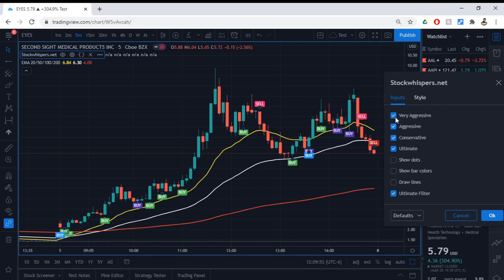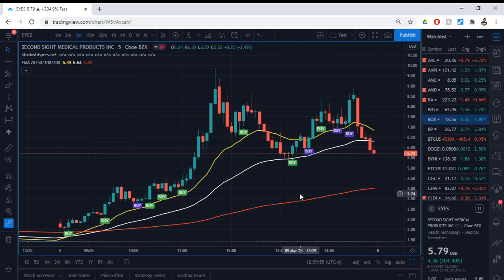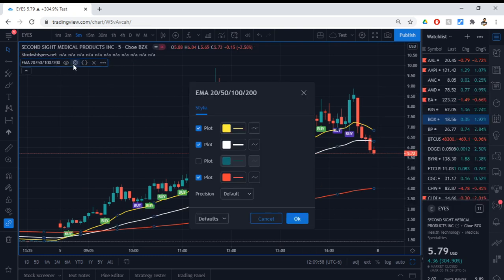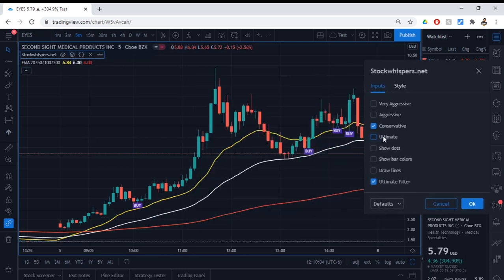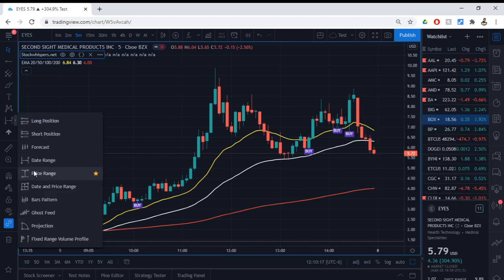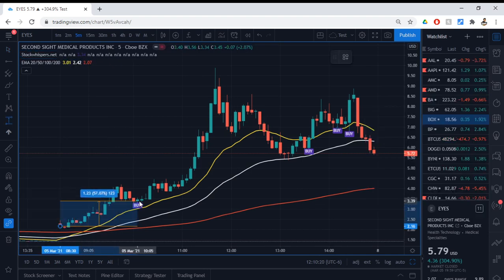The conservative is a strategy that's going to get you into the trade a little later than everyone else. So if you're looking for a very aggressive strategy, you're going to get in here. If you're looking for a conservative entry, you're going to be getting in 57% after the price move.